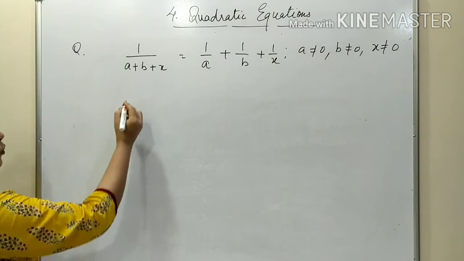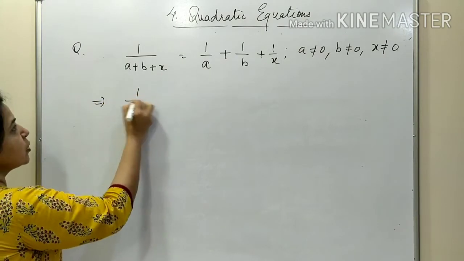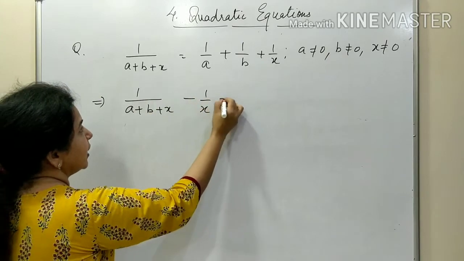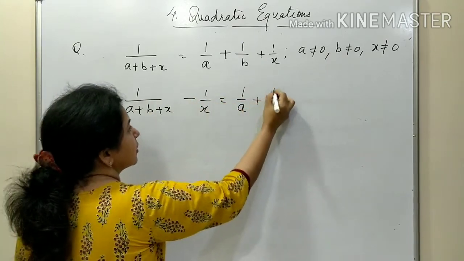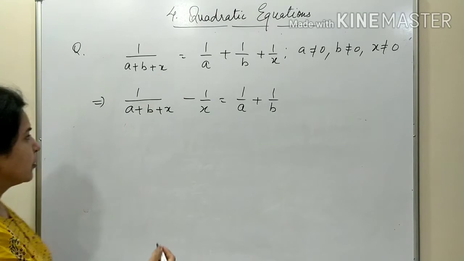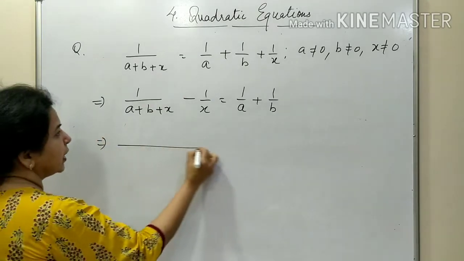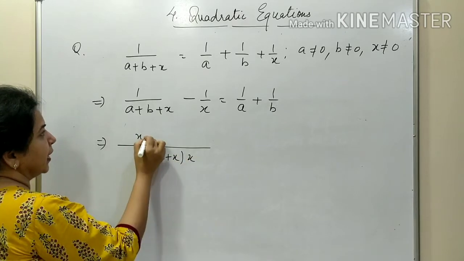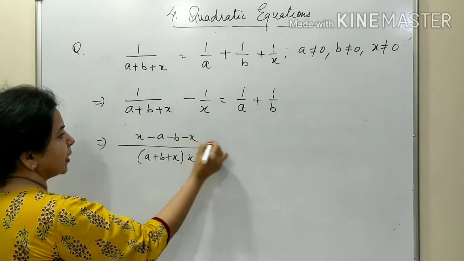So for solving this, first of all we will take all the x terms on one side and the constant terms on the right hand side. Taking the LCM, x minus a, minus b, minus a.